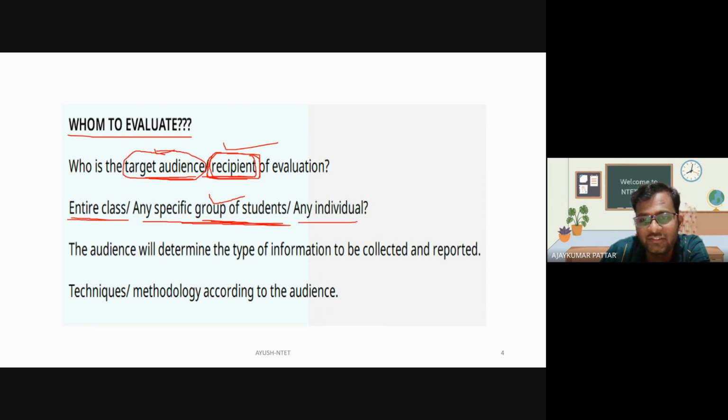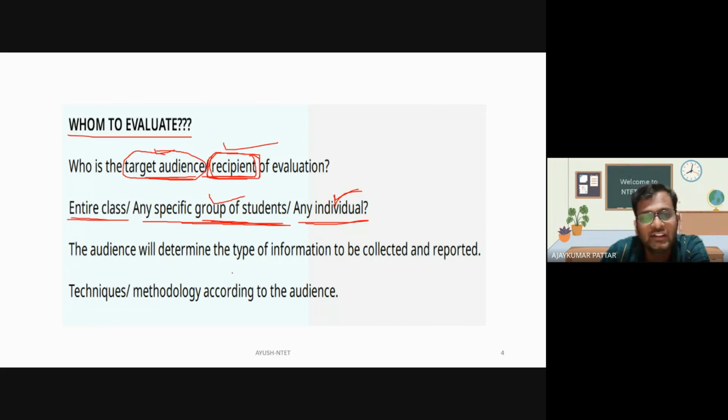If in that class any single student is weak, or you want to evaluate that student individually, that is also possible. Whom to evaluate: the entire class, any specific group of students, or any individual.